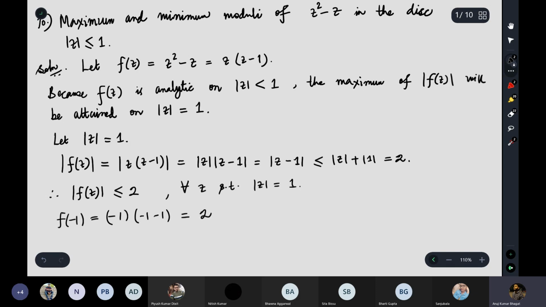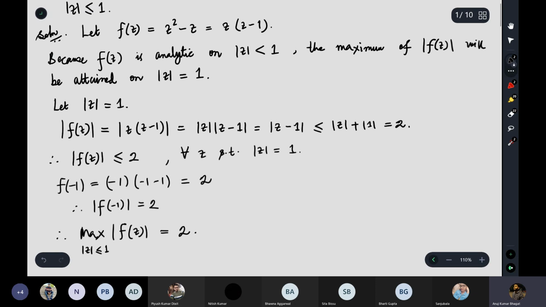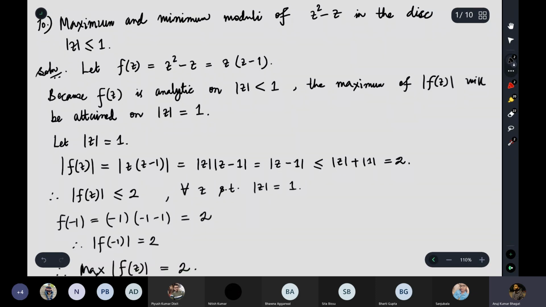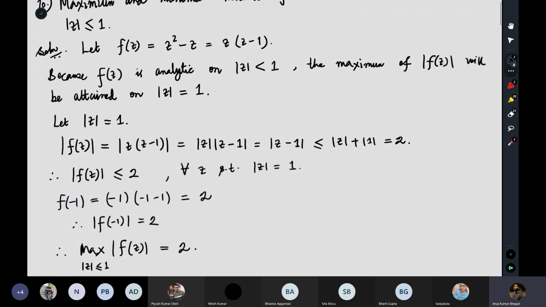So modulus of f(minus 1) is 2. Therefore the maximum of modulus f(z) is nothing but 2. So this function attains the maximum value 2 on the closed unit disk. Is the explanation clear?